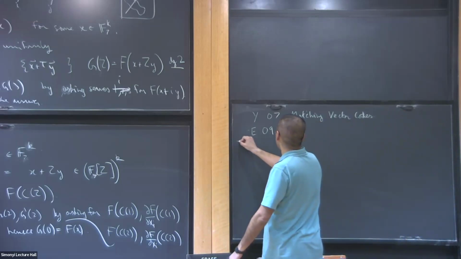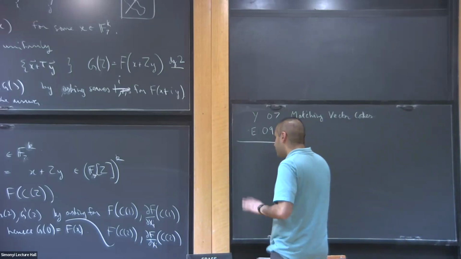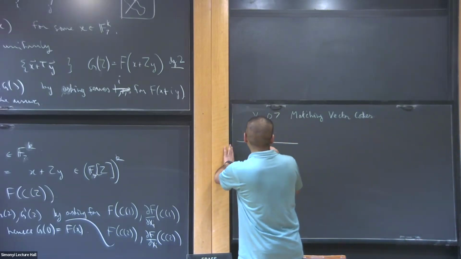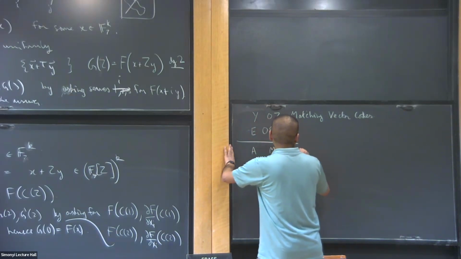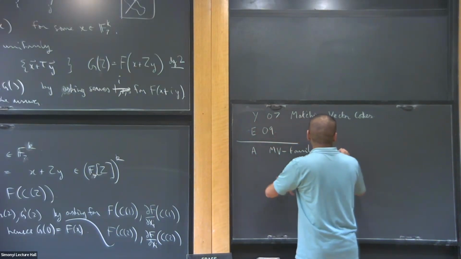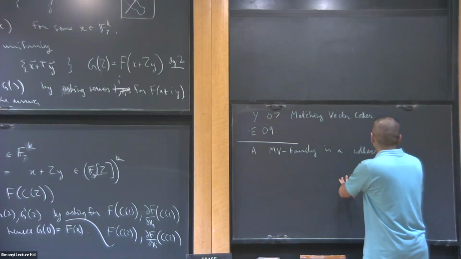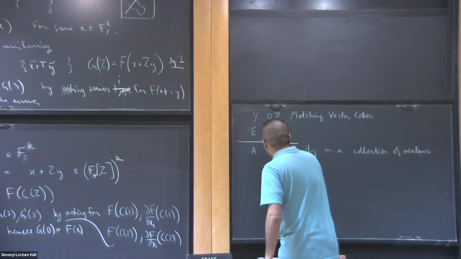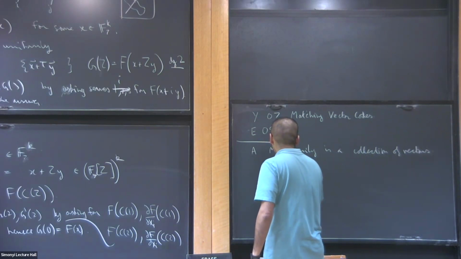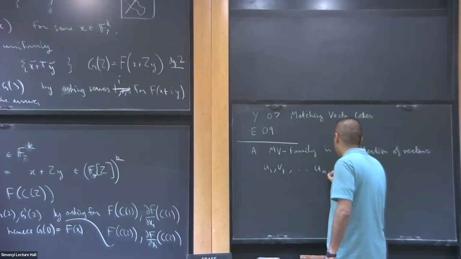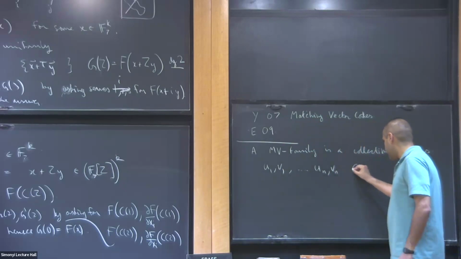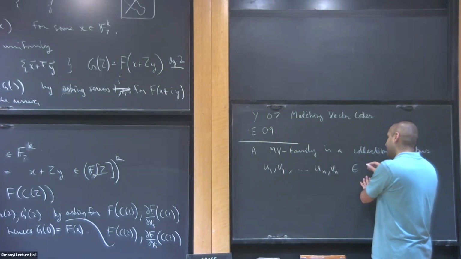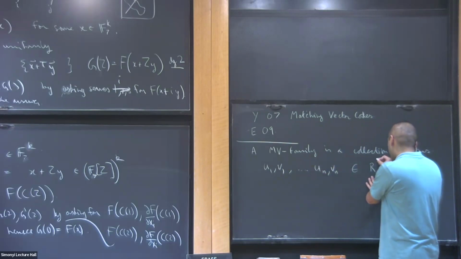Good. So some definitions. A matching vector family is a collection of vectors U1, V1 up to Un, Vn living inside, so you have to choose a ring, since we're going to take inner products, some ring R to the power k.